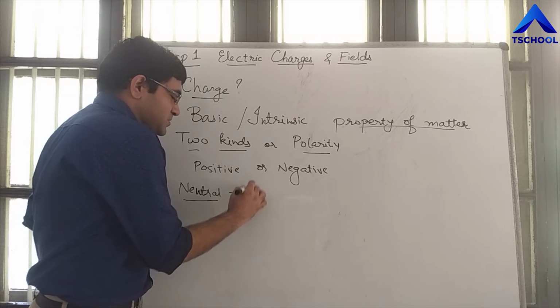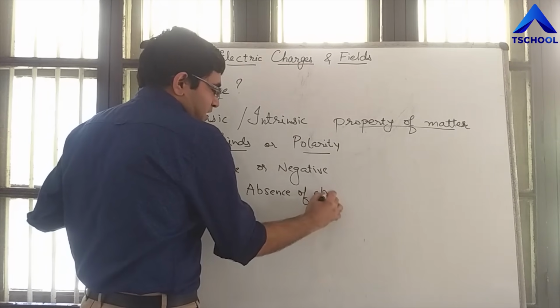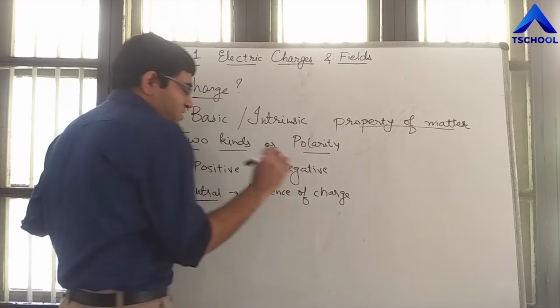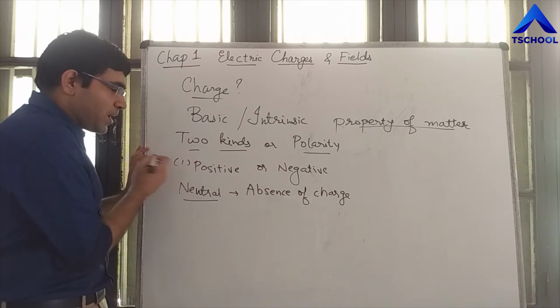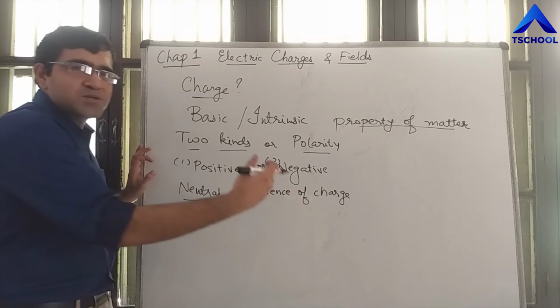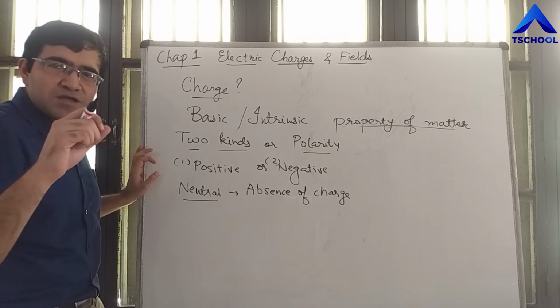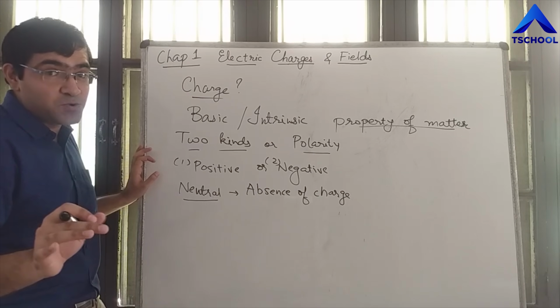Neutral refers to absence of charge. Again, there is no third kind. Number 1, number 2, that's it. An absence of charge is called neutral. Okay, so anything that has no charge is neutral.